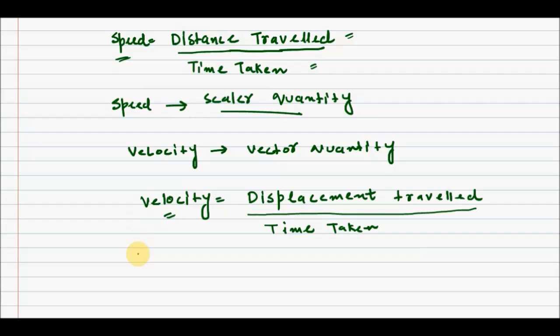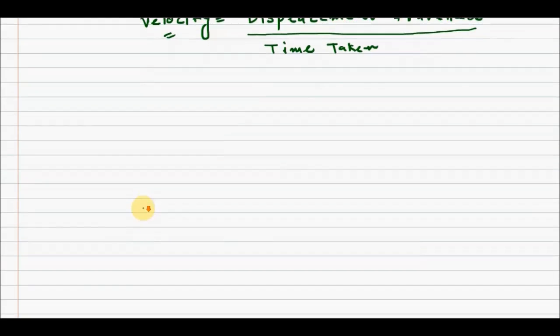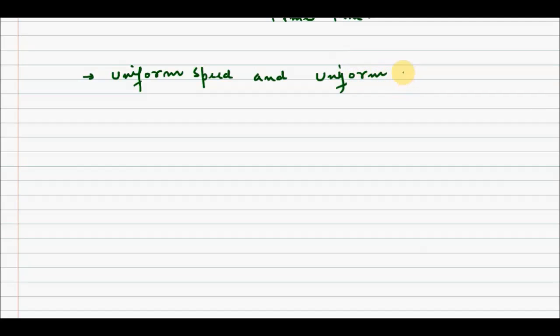Now let us see some classifications of both speed and velocity. The first type I'm going to talk about is uniform speed and uniform velocity. Now what do these both mean?